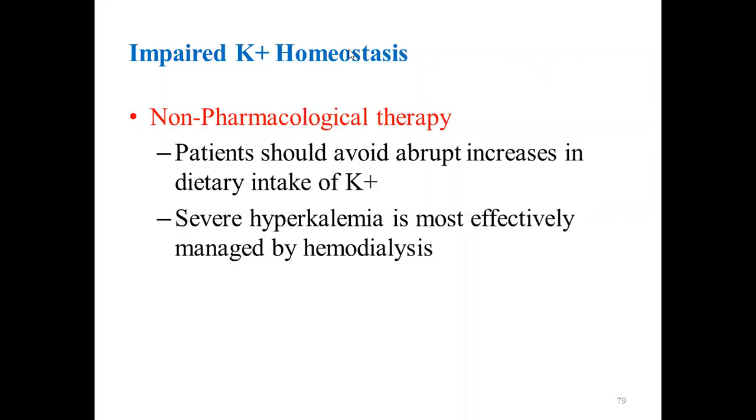Diuretics. Which diuretics? Furosemide. Okay, loop diuretics can be used, but the onset of action is very slow, and we cannot use them for emergency management. But it is part of the strategy.